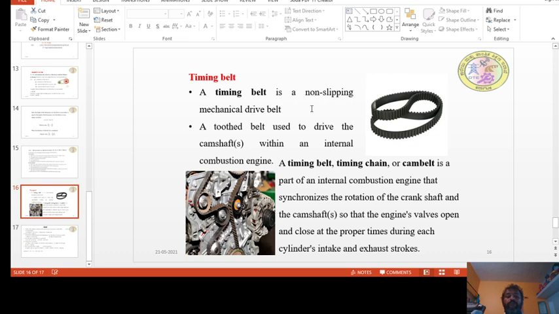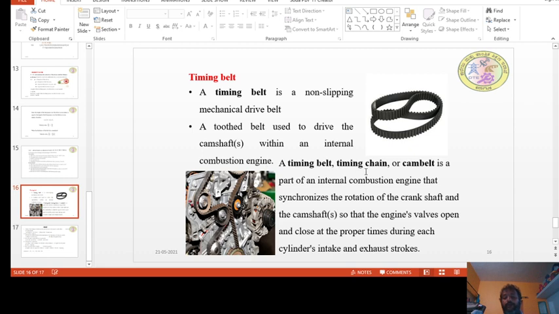It is a non-slip mechanical drive, and you can observe that there are teeth on the belt, like in the case of a gear drive. A toothed belt is used to drive the cams within an internal combustion engine.